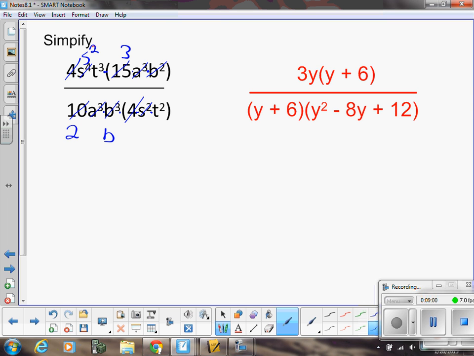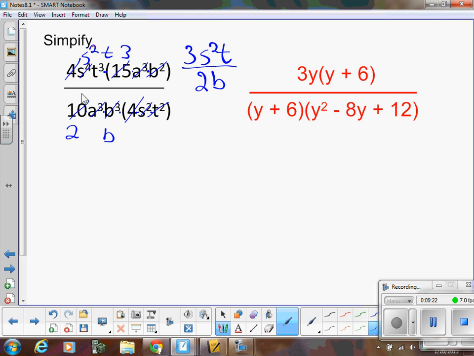What about the t's? 1 t is left if you take 2 of them off. So this all crossed off, and all you had left was 2, 5, 2. It looks like I had a 3 s squared t on the top and a 2b on the bottom.